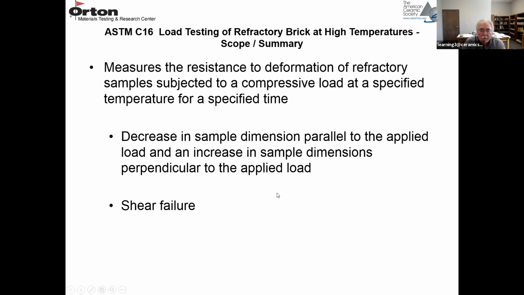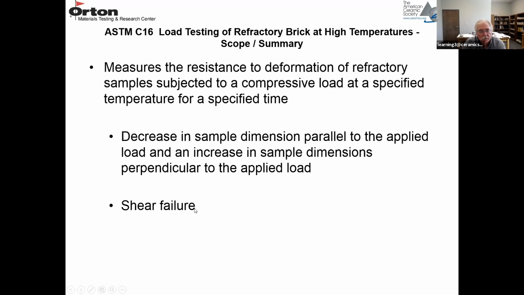It may not be true all the time, because this is sort of like a reheat test. We discussed a reheat test yesterday. If you're running a creep test at a temperature higher than the material has been stabilized at, you have other reactions taking place besides creep. So you may have a reheat shrinkage or a reheat expansion superimposed on the creep mechanism.